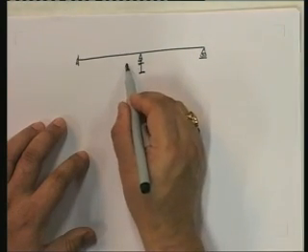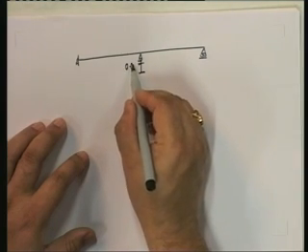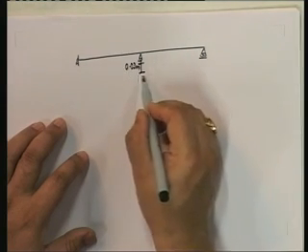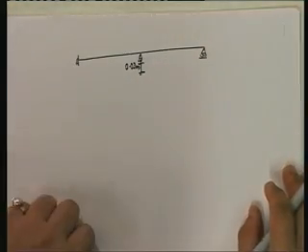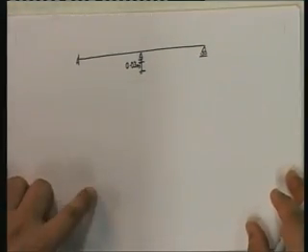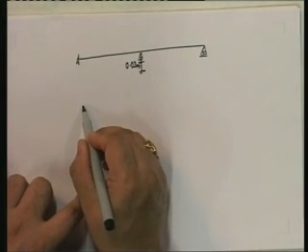This support went down by 0.03 meters, 3 centimeters. And we had to find out the moments at this point. Okay. So here, if we look at it, what are the fixed end moments?